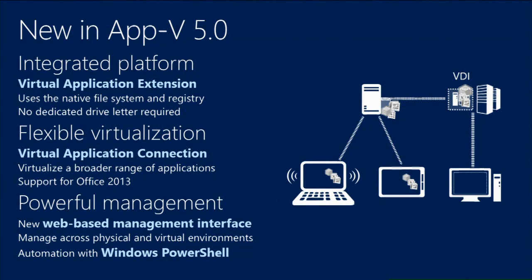So the virtual application extension allows some of these virtual apps to work and act and feel like they're locally installed, because they're connecting and reaching out between capabilities that are on the machine itself. So that was one of the great new functionalities that came out.